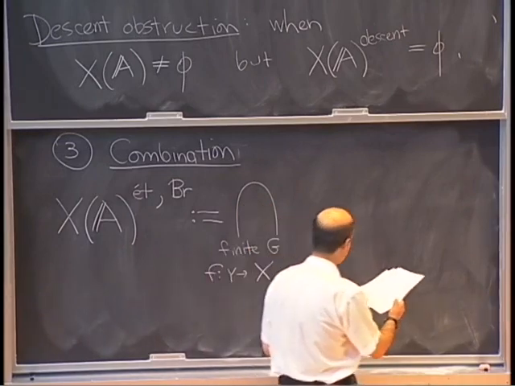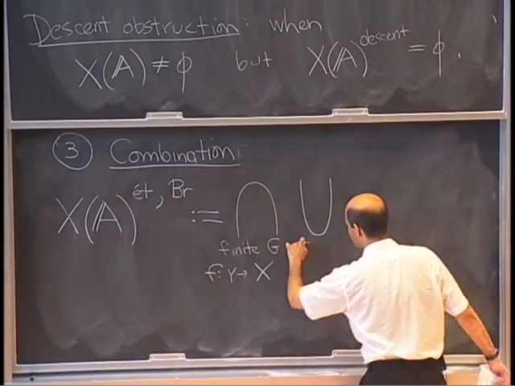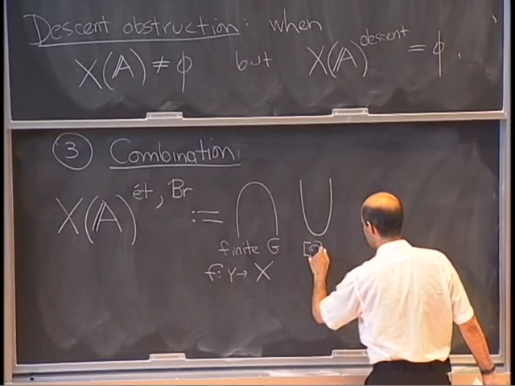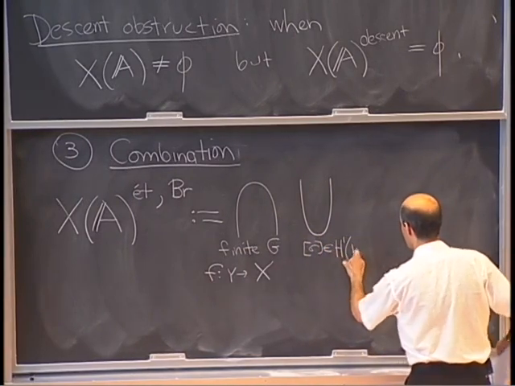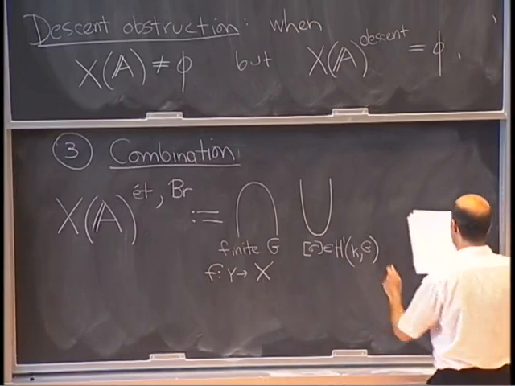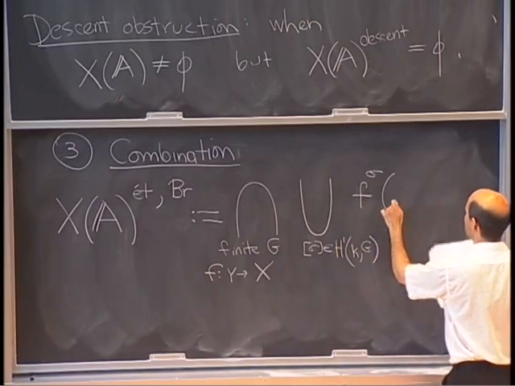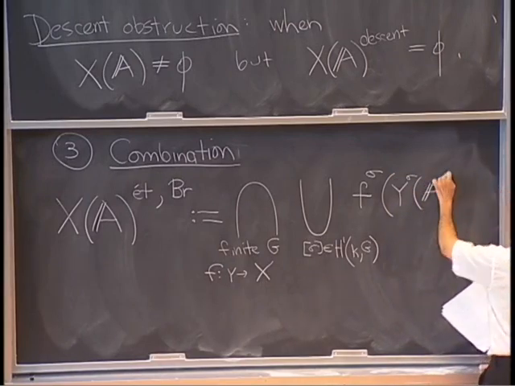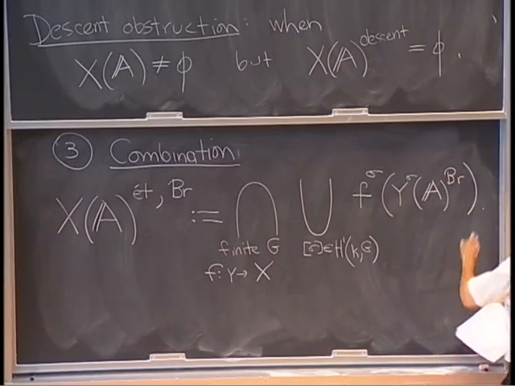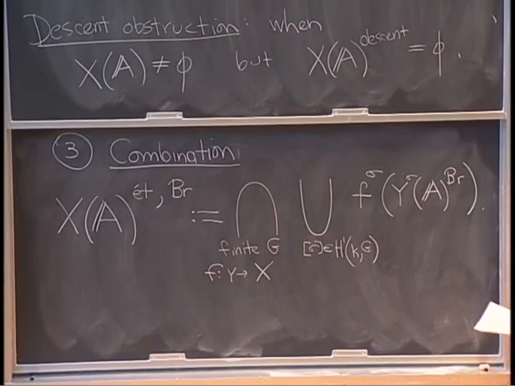And then for each one, I take the union over all the sigmas, so I take all the auxiliary varieties. But now instead of taking the image of all the adelic points, I take only the image of the Brauer points on each auxiliary variety.